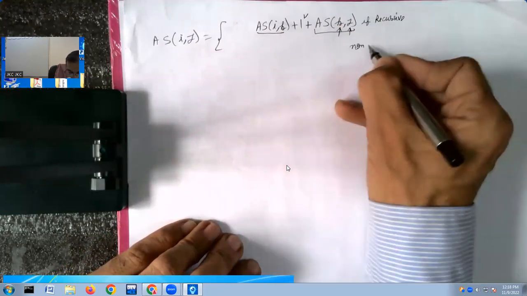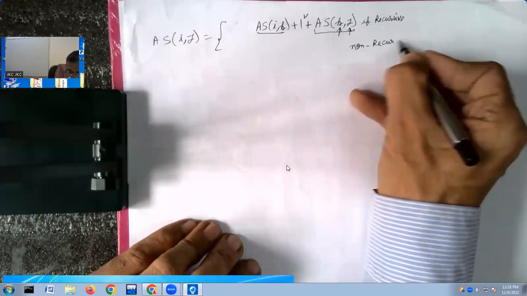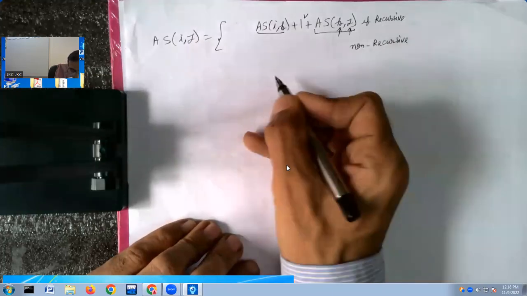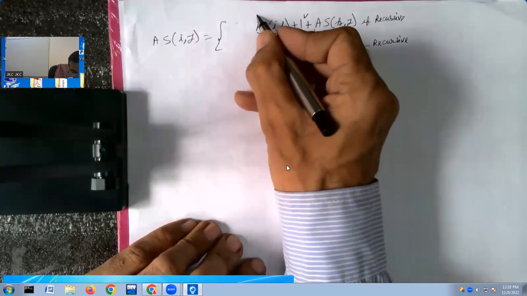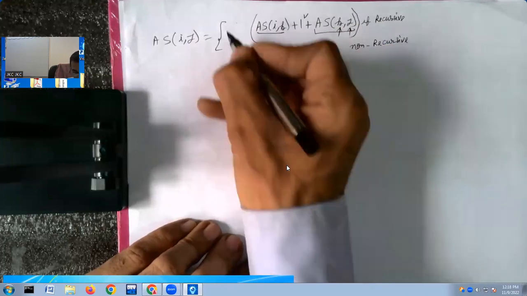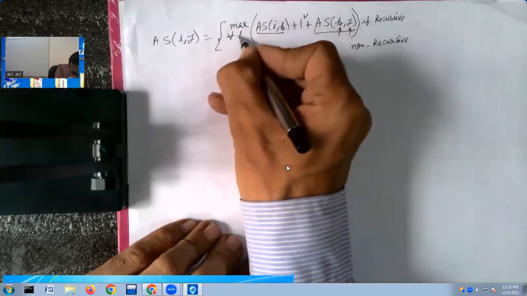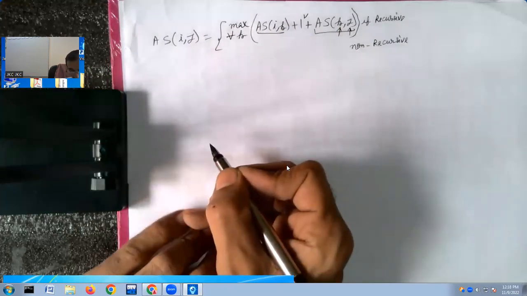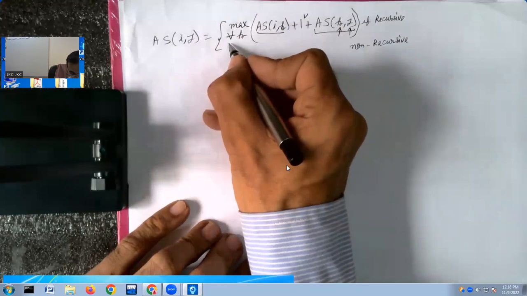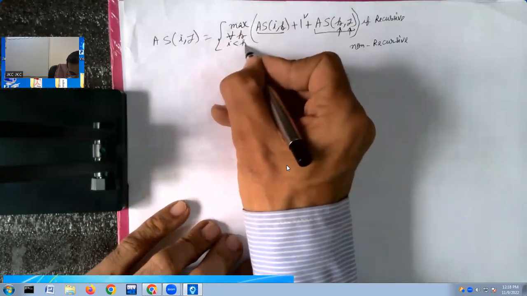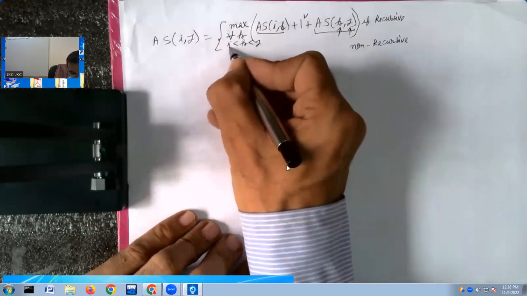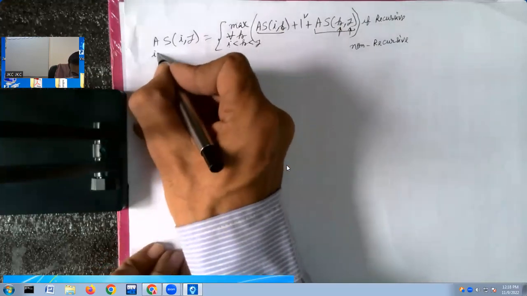How can we have the non-recursive one? But K is not known. So effectively I will say try for all K. And what can be the K limit? Obviously, K will be in between I and J. I is 0, J is n plus 1.